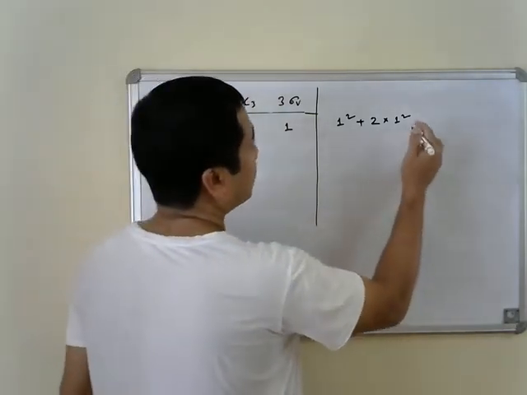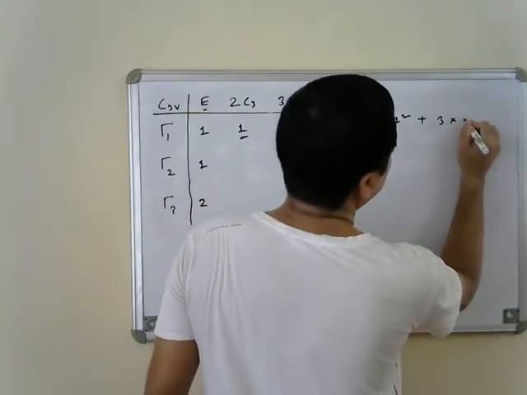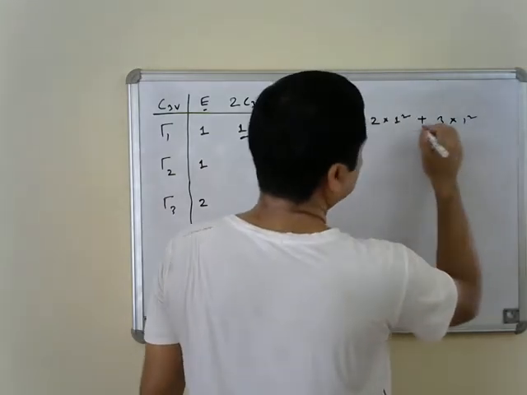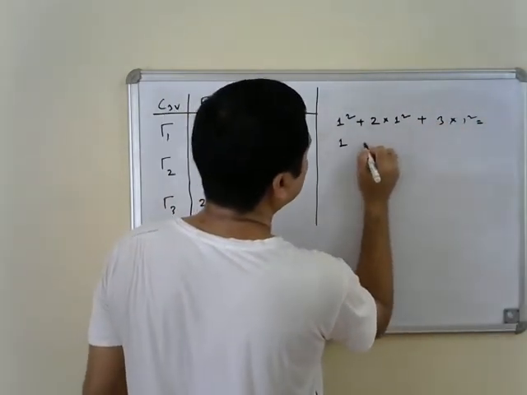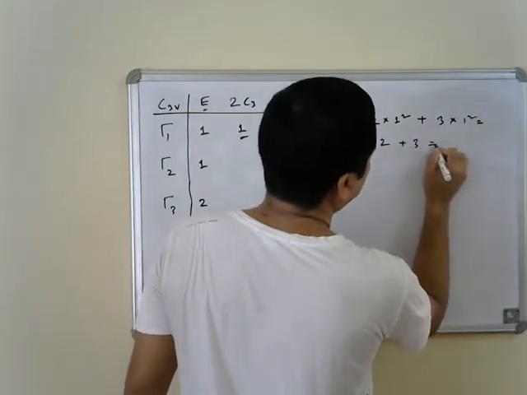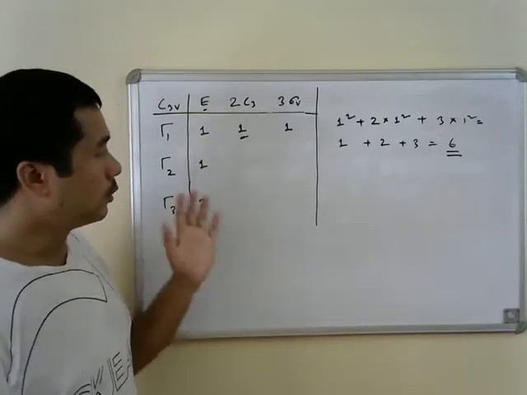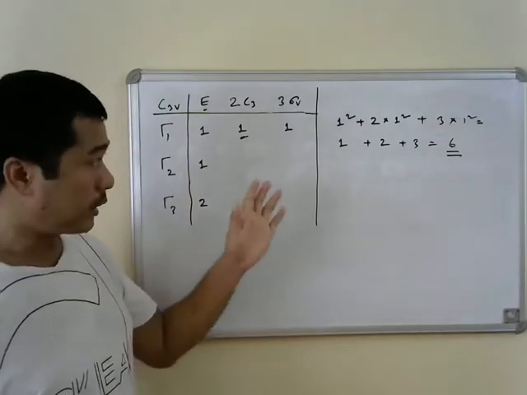So we just write 2 into 1 square over here, and 3 into 1 square, that is the character for the sigma v symmetry operations. This is going to be equal to 1 plus 2 plus 3, which is equal to 6. So this combination of characters does satisfy the second law for the irreducible representation.